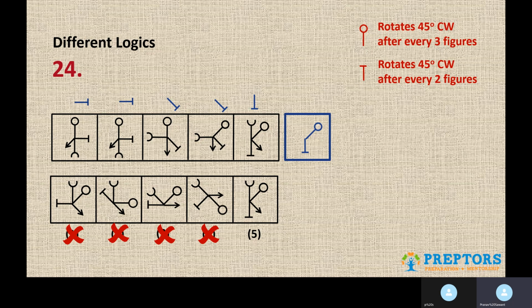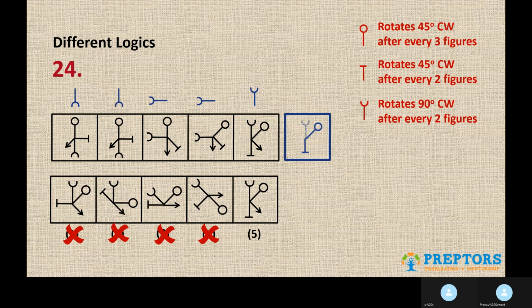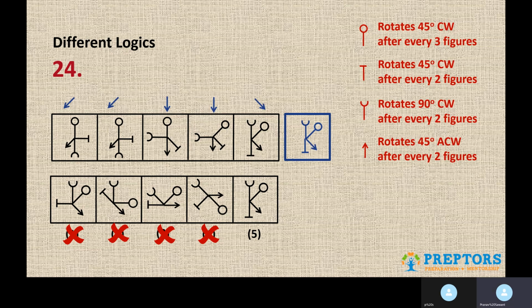We are only left with option 5. But still we will check the logic. So Y rotates 90-degree clockwise after every 2 figures. Arrow rotates 45-degree anti-clockwise after every 2 figures. This will be the figure which exactly looks like option 5.